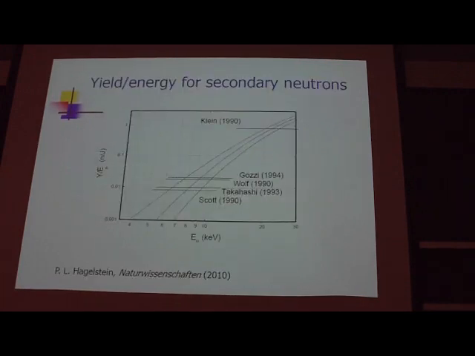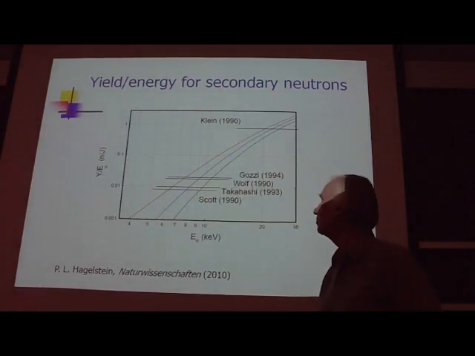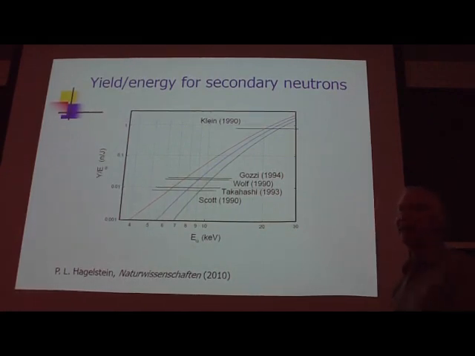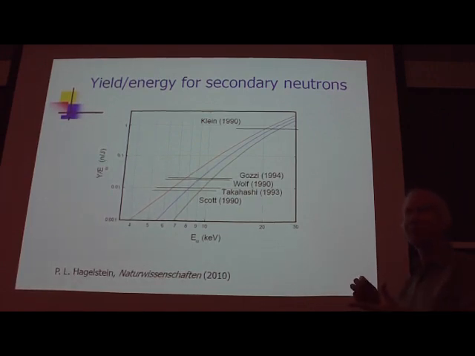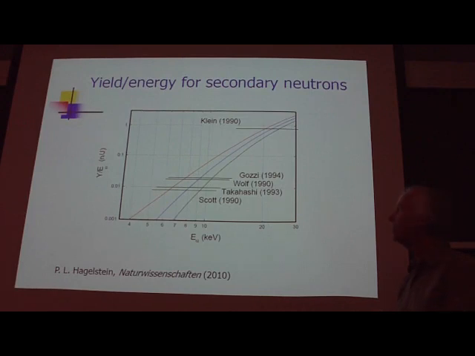Let me show you the results. There were a smaller number that gave enough parameters, numbers for detectors and efficiency and so forth, that I was able to back out an upper limit for the yield in terms of neutrons per joule.